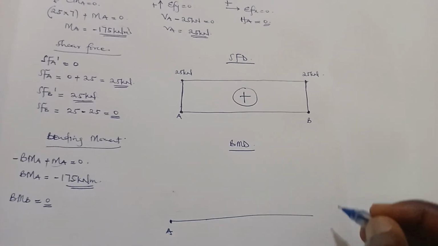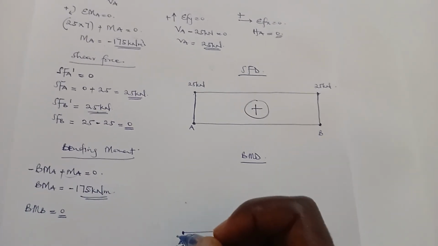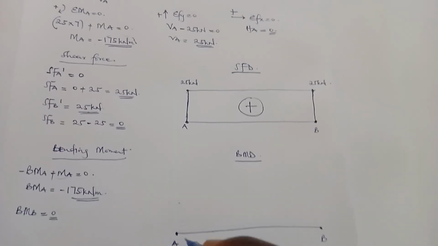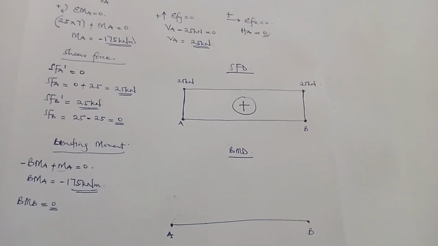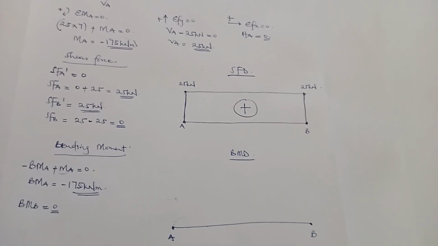So A and B. Bending moment at A, negative 175. So plot negative 175 kilonewton meter.